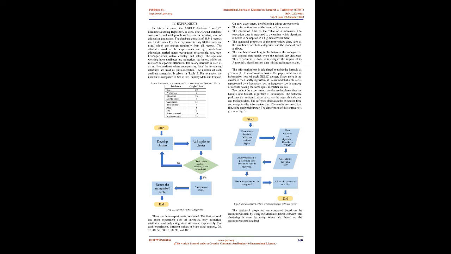In this research, 2 algorithms are used, namely Datafly and Greedy K-Member clustering. Datafly [15][16] is one of the first K-anonymity algorithms. It uses the combination of generalization, substitution, and suppression techniques. The generalization technique replaces a value with something less specific but semantically consistent value, and the suppression technique deletes a value.